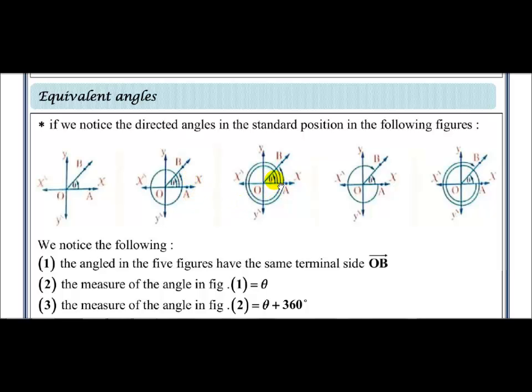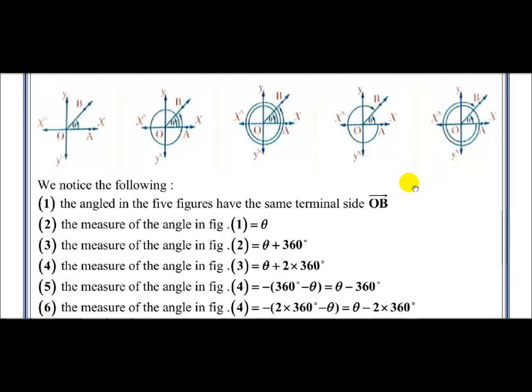I draw the same directed angle and rotate once, then rotate another time. It is the same. When I start from the initial and rotate, they are the same. I rotate once, then another time, and I get the same angles.